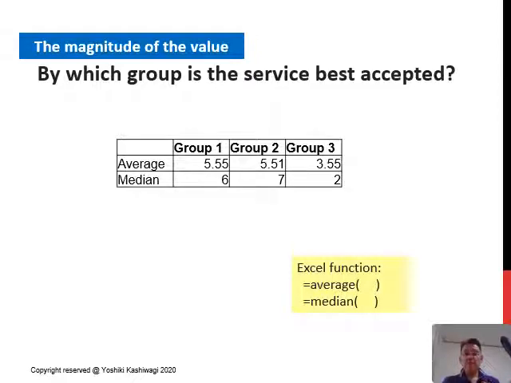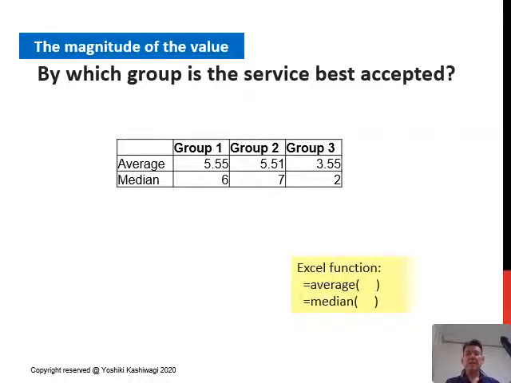Either average or median, that takes just one aspect of the data set. So the key message of today, if you look at the value of the data set, there are many ways to summarize or describe that value, large or small.